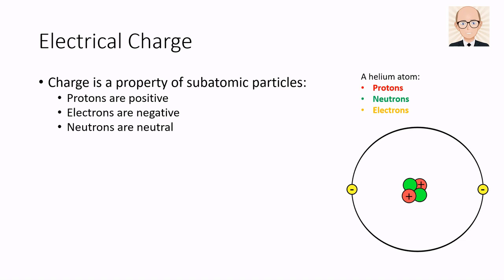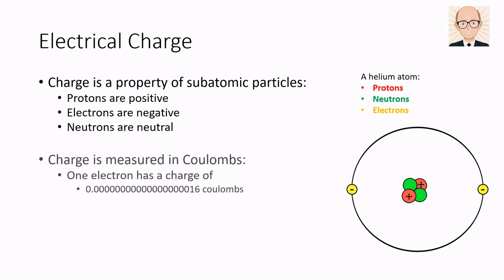They are neutral. Charge is measured in coulombs, with a single electron carrying a charge of 0.000000000000000016 coulombs. That's 1.6 times 10 to the minus 19 coulombs.